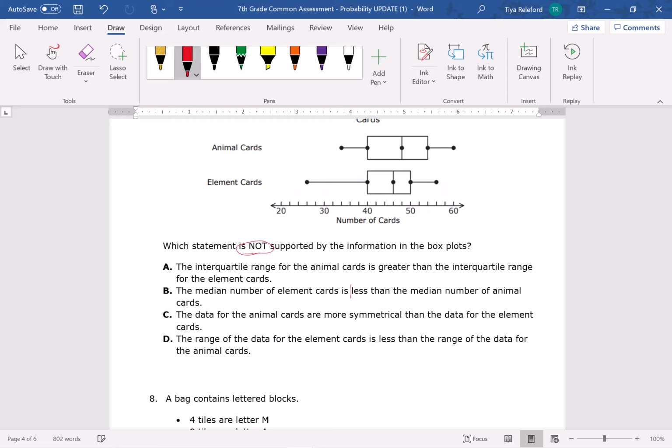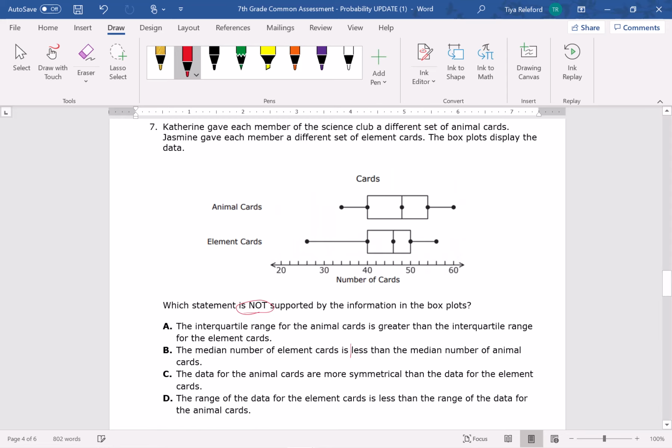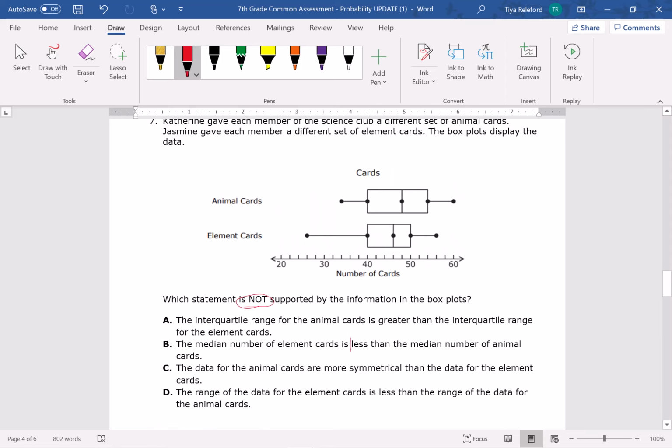Because you got this one wrong, we're going to actually do all the math that goes with this. Normally, I say you don't need to do all the math, but you got this one wrong. We need to make sure we know how to do the math. The interquartile range, that's the box, for animal cards is greater than the interquartile range, the box, for element cards.